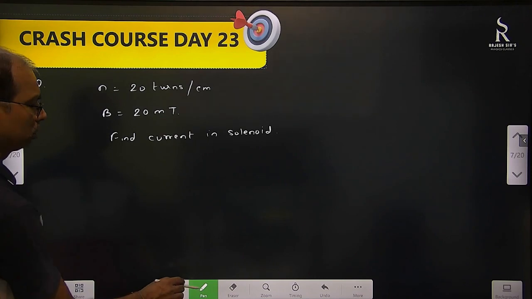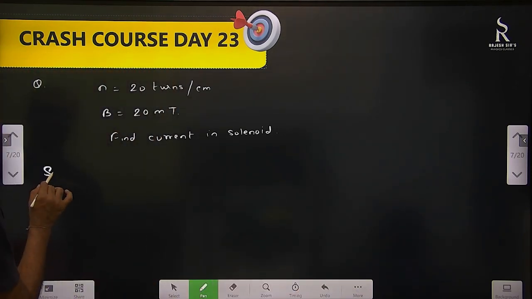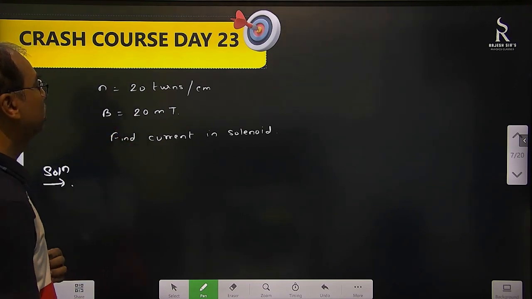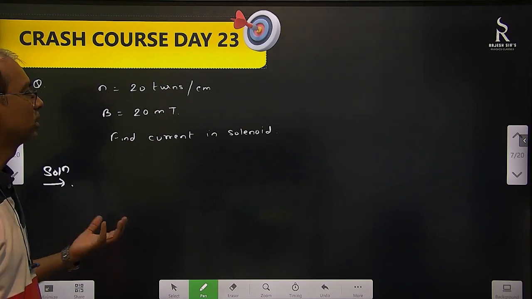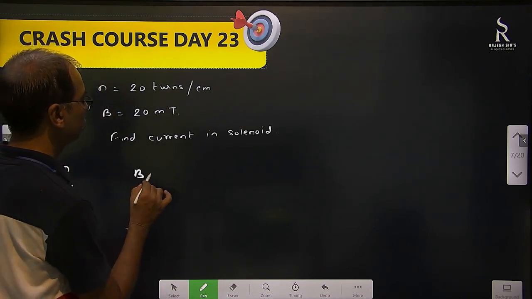This is a question on a solenoid, a simple question. Number of turns is 20 per centimeter. That means number of turns per unit length is given. Magnetic field is given as 20 millitesla, and it is asking for the current in the solenoid. Very simple, right? B equal to mu naught n i.